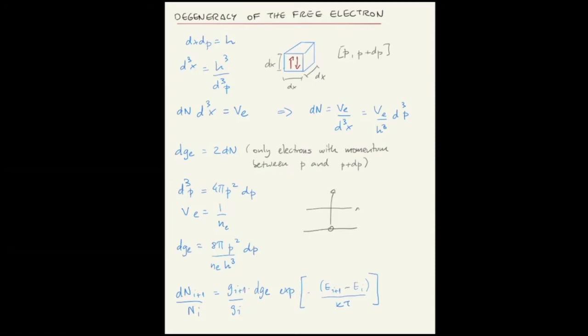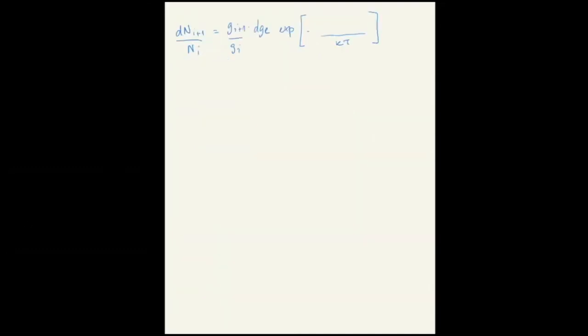So what you have then is the ionization potential, that is chi, plus the kinetic energy of the free electron, which is p squared over 2m. So in fact, the energy Ei plus 1 minus Ei is equal to p squared over 2m plus the potential. So substituting this, you have then p squared over 2m plus chi in the difference of the energies.